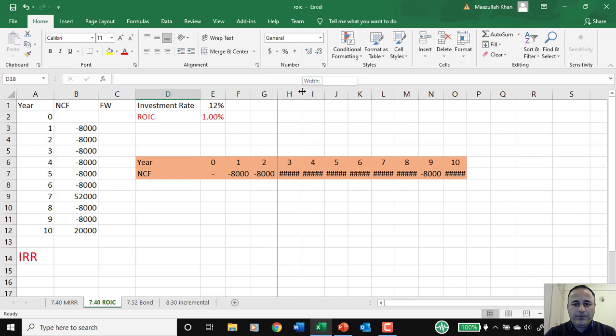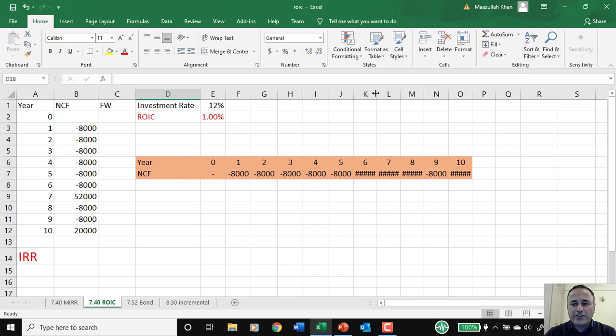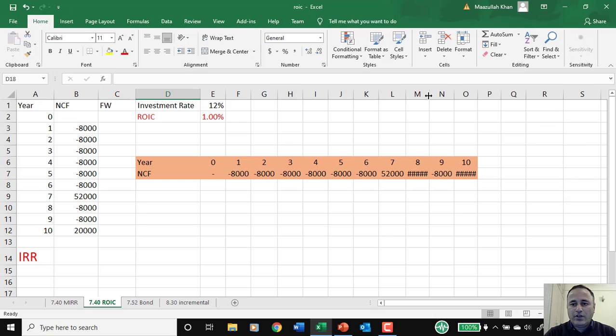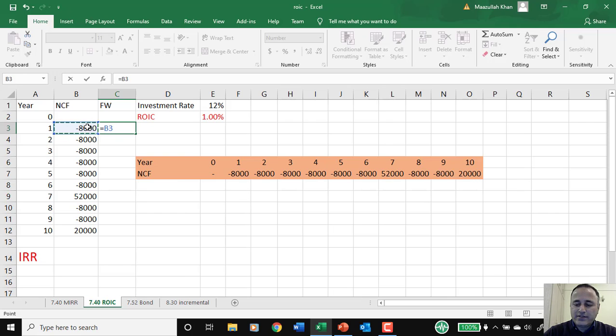All right. So this is my original cash flow. And what I'm trying to do is as follows. Please pay attention. I will take this number as is. All formulas start with equal sign. And then I'll start with IF. It's logical.